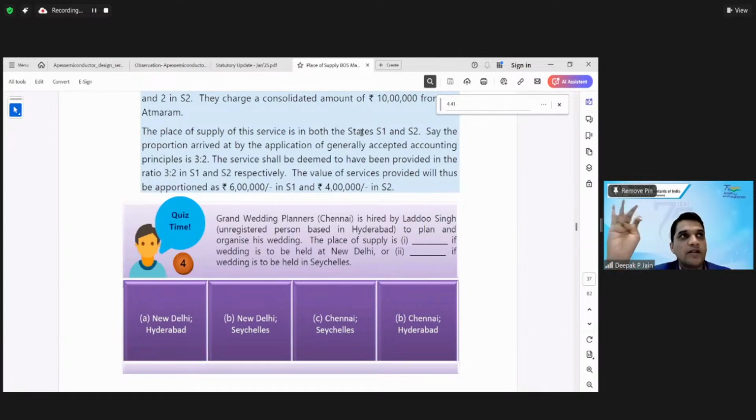So that will not become the place of supply. The place of supply will be where the recipient is located. Correct, the location of the recipient applies when the place of supply is outside India. Very true.